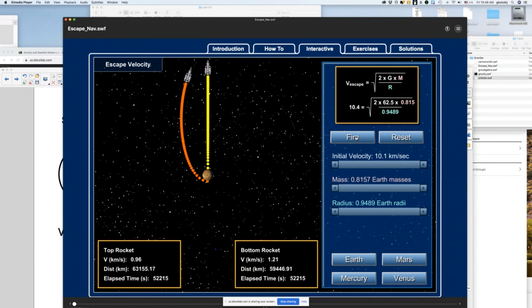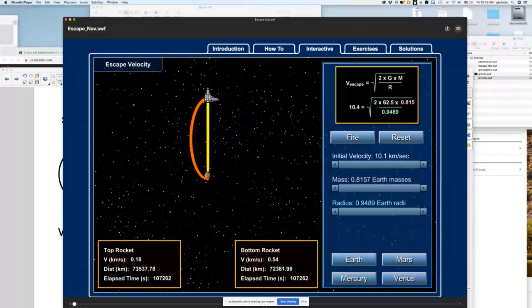But it's going to come close because we're pretty close to the escape velocity, 10.1 as opposed to 10.4. That's it, it's going to stop right now and presumably come back. Now the orbital one will orbit because this is orbital velocity, it doesn't have to be that big, so it'll keep going, but notice this one starts coming back.